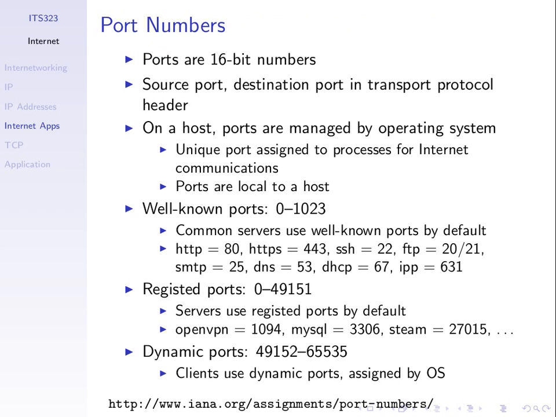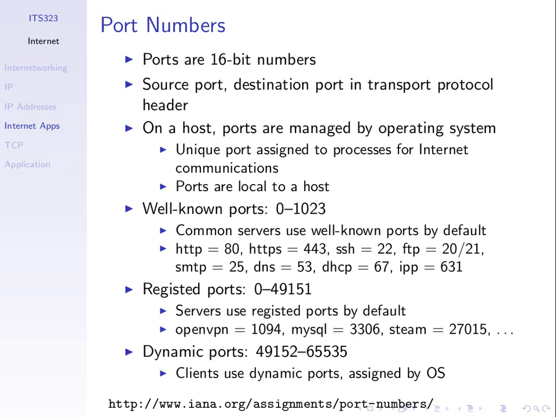Port numbers. Port numbers are 16-bit values, ranging from 0 up to approximately 65,000. There are some port numbers which are mainly used by servers, called well-known ports. Some ones you may have seen: port 80 for HTTP, HTTPS 443, Secure Shell 22 and others.